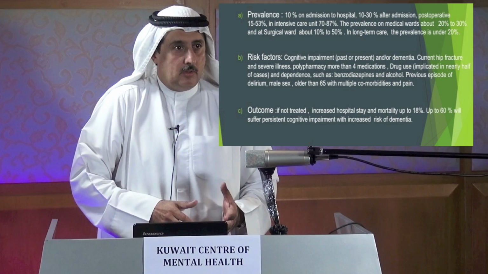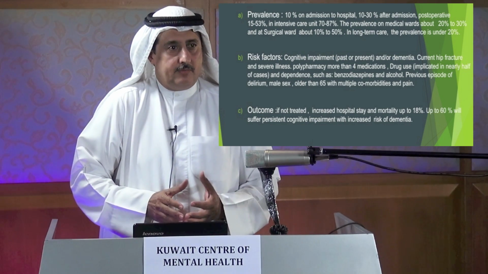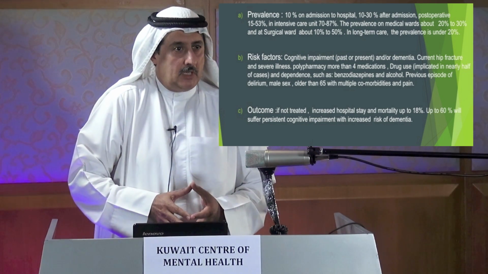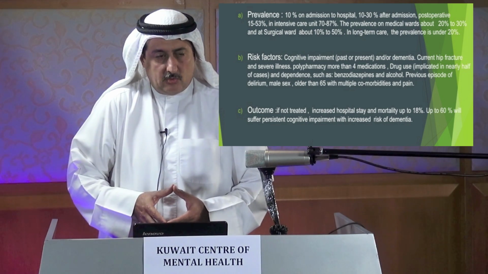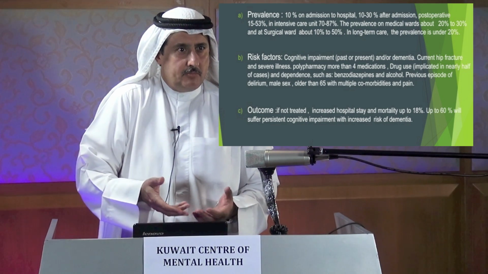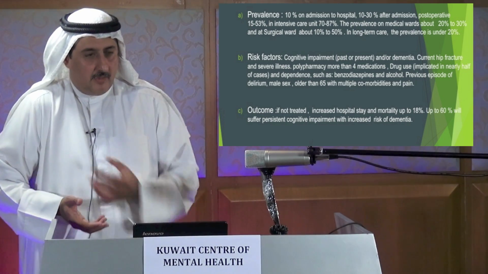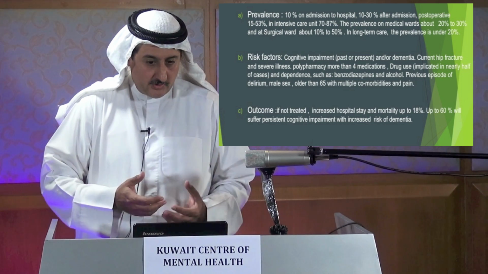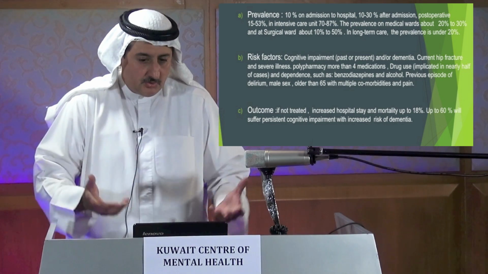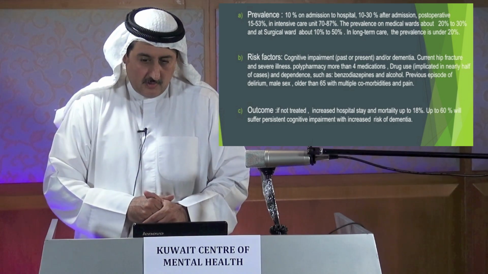Usually you look at people who could have delirium: if they are male, more than 65 years old, have cognitive impairment, presented with this previously, have severe illness, multiple causes, and sometimes are using more than 4 medications.